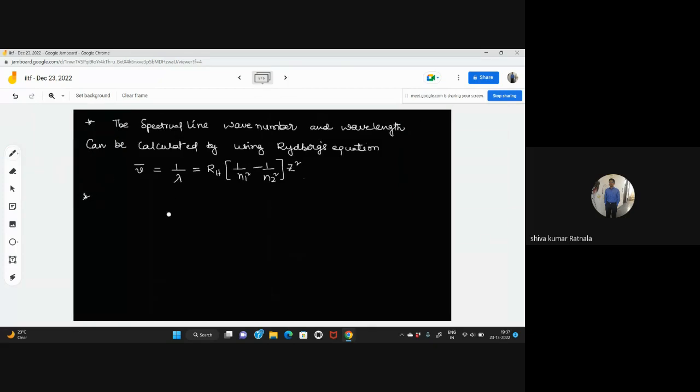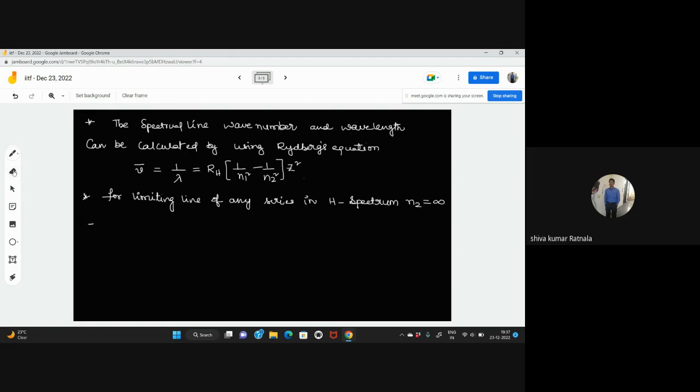For the limiting line of any series in hydrogen spectrum, n2 is infinity.